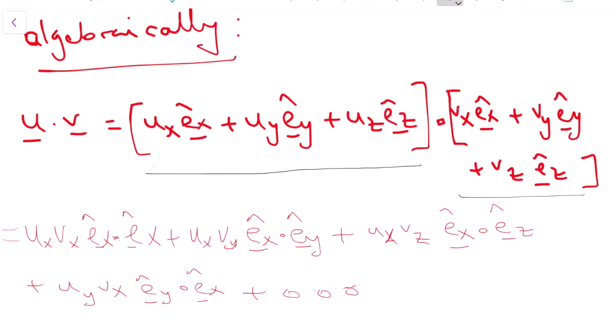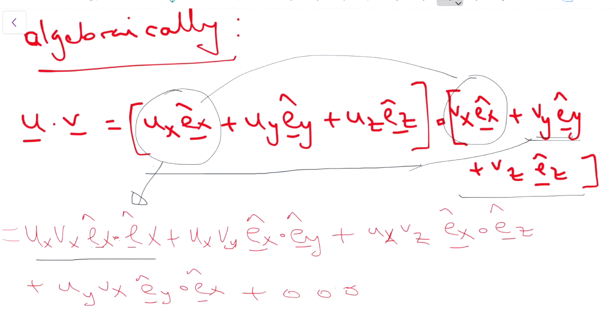Distributing the dot product over the brackets, we get ux vx ex dotted with ex, which comes from these two terms. If you carry on, you get ux vy ex dotted with ey, and you can carry on doing this for each of the terms, and then using the rules which we've just seen.